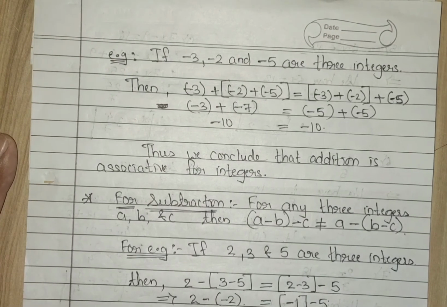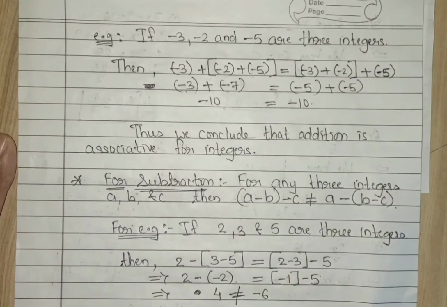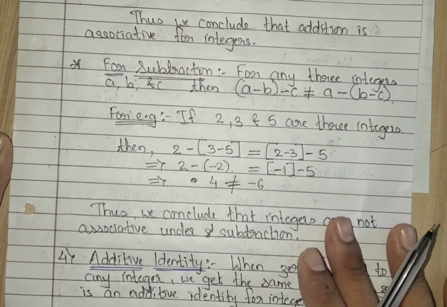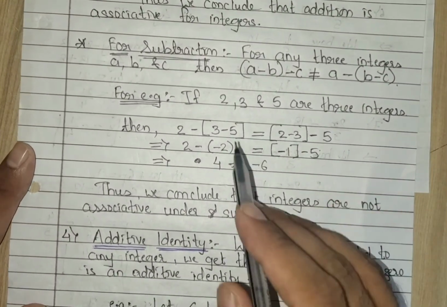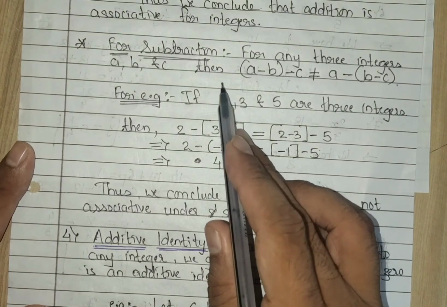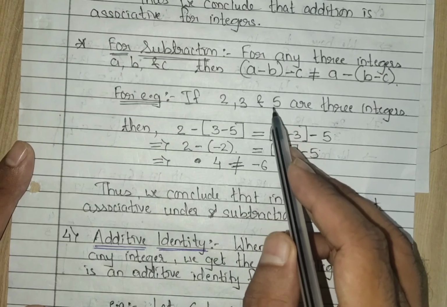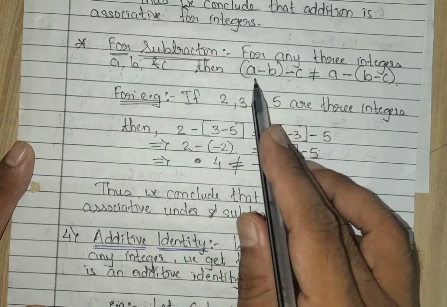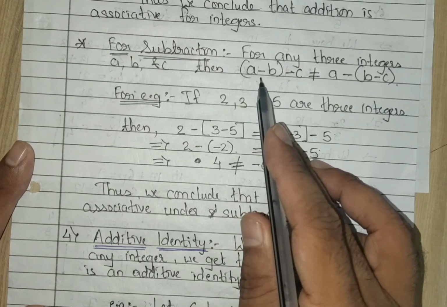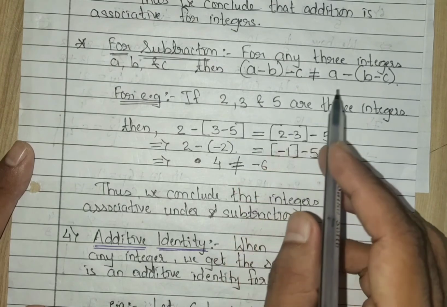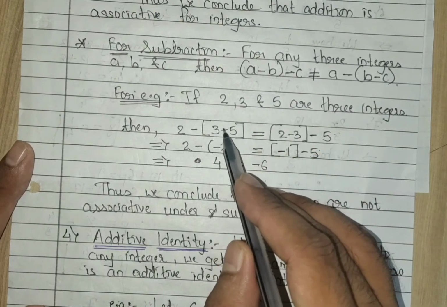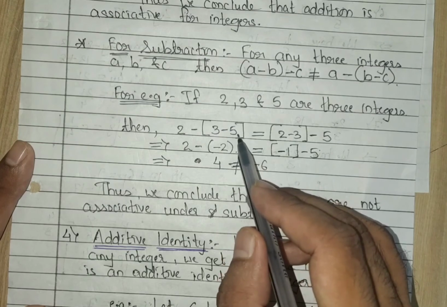Now let us check if subtraction is also associative, and for that we are taking again three integers. This time I am taking a is equal to 2, b is equal to 3 and c is equal to 5, and apply the same rule. First I am grouping b and c, and subtracting them.